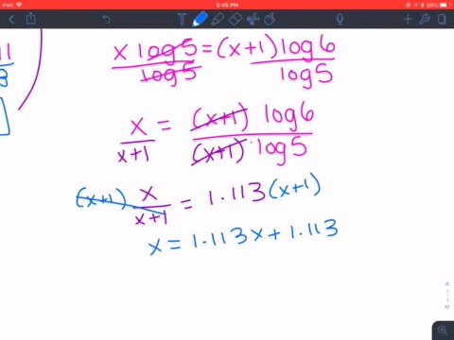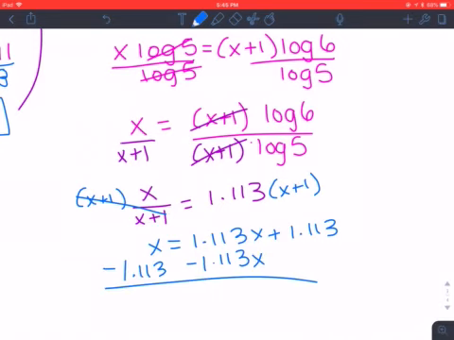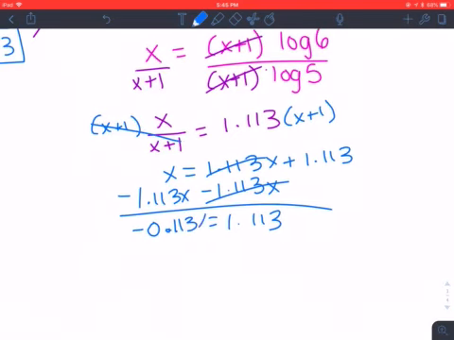And then combine like terms, so we need to move this x term to the other side. So I get 1 minus 1.113 is negative 0.113x, and then divide to get your x by itself.